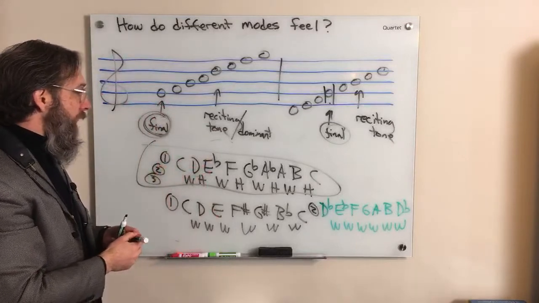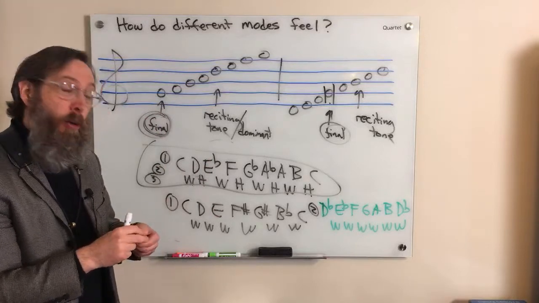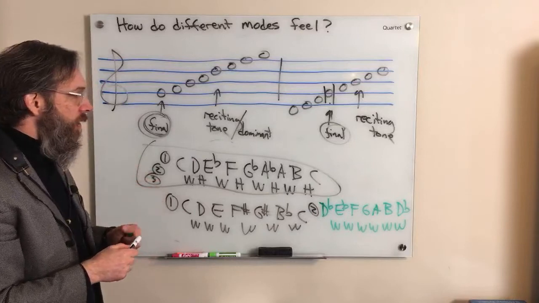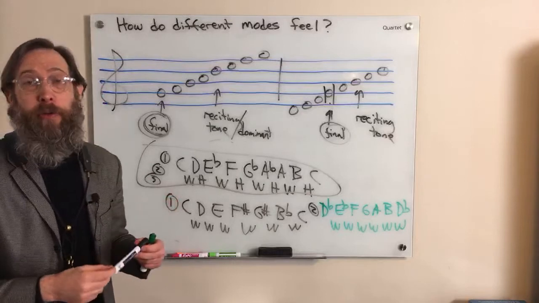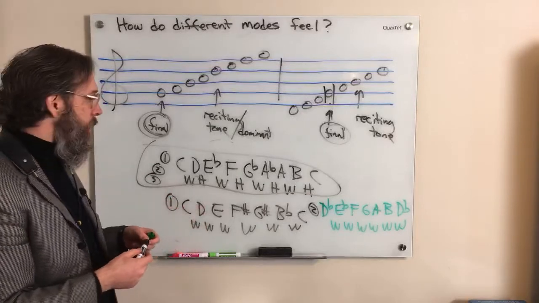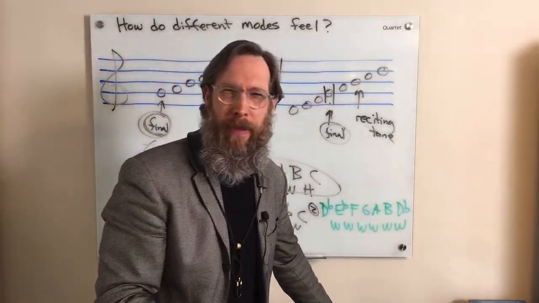So you're absolutely right. I know I'm doing that a little fast, and it might take a little while for you to wrap your heads around it, but if you were to play that on the piano and say, okay, I'm going to play my whole tone scale in all 12 keys, or all 15 keys, let's say, if you're going to do enharmonic keys, I think once you're about halfway through, you're going to be like, wait a minute.